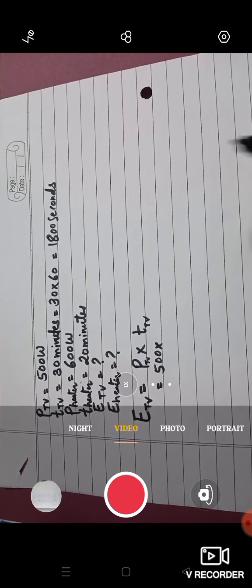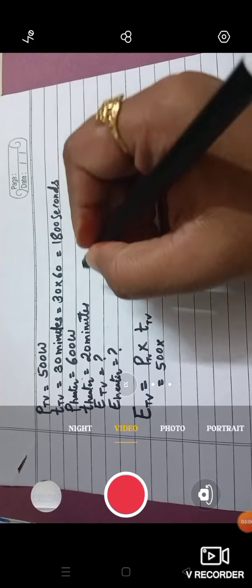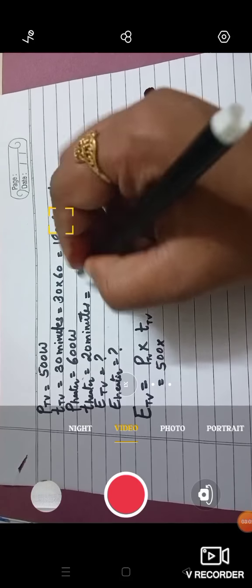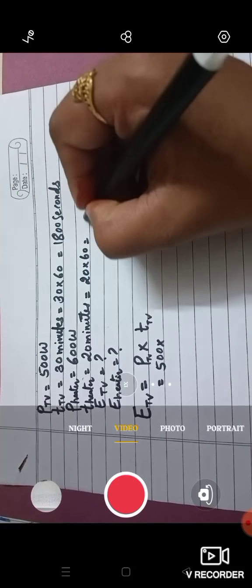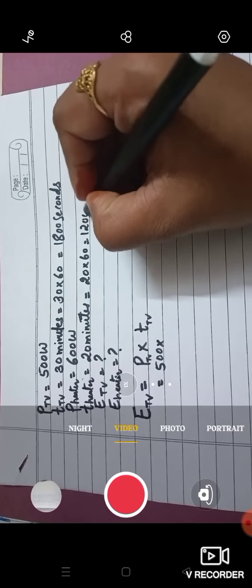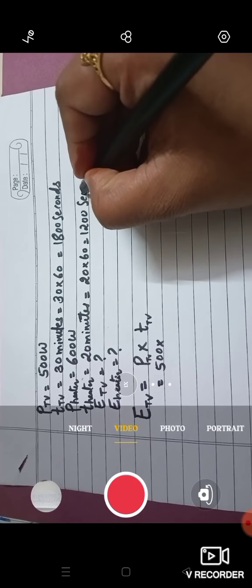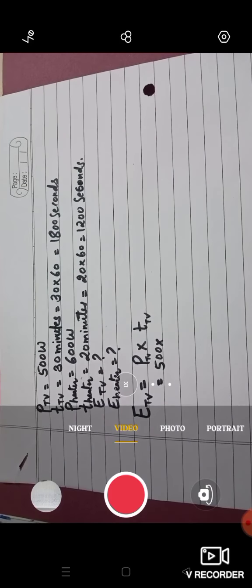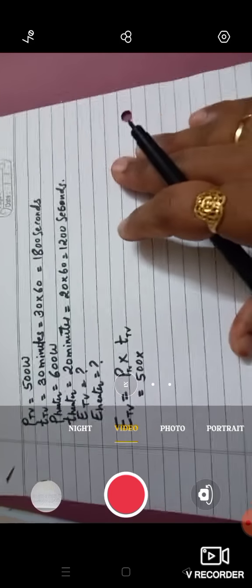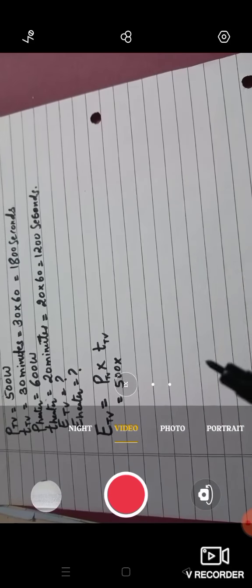The TV has been used for 1800 seconds. In the same way, we will convert the heater's time into seconds: 20 minutes is given, so 20 into 60 is 1200 seconds.